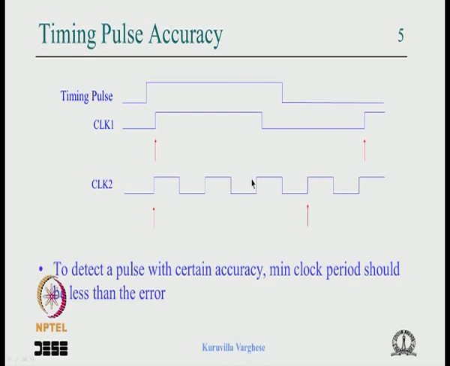It is a very rare event, but the requirement is that the event has happened, and the next event may happen after 1 second. But if somebody says the response should be as fast as 1 nanosecond, then definitely you need to detect it with that accuracy, you need the clock period to be 1 nanosecond, otherwise there is no way to do that. So that is what I mean.